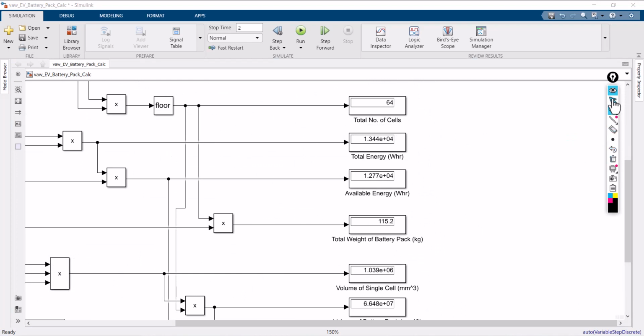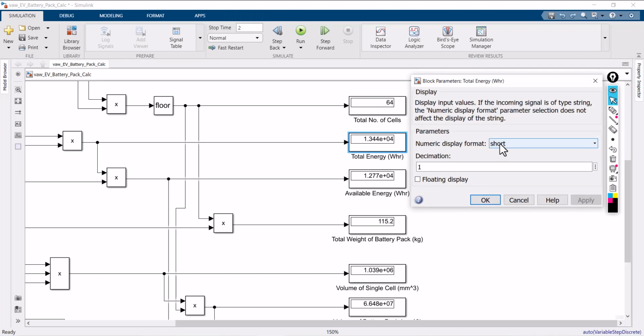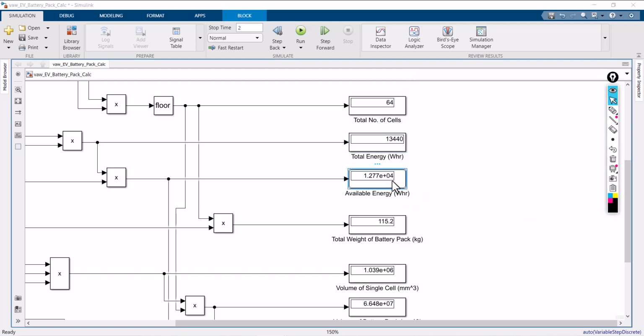Whatever the total energy required is, if you want, just double click it, go to long, similarly here.